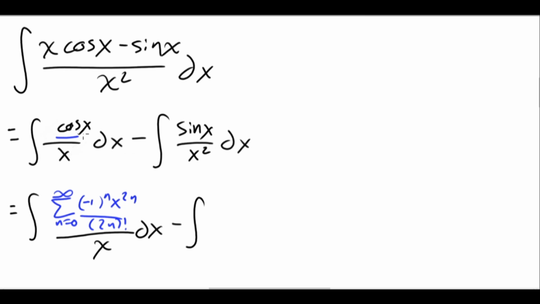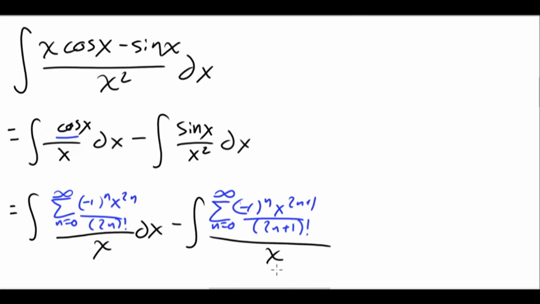Similarly, the sine function can be rewritten as the sum from n equals 0 to infinity of -1 to the n, x to the power of 2n plus 1, all divided by 2n plus 1 factorial. We're dividing all of this by x squared, and we're integrating with respect to x.